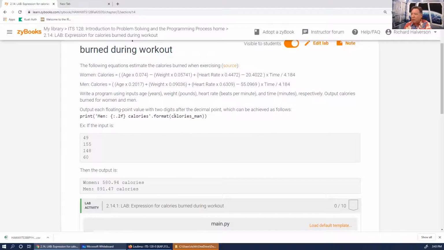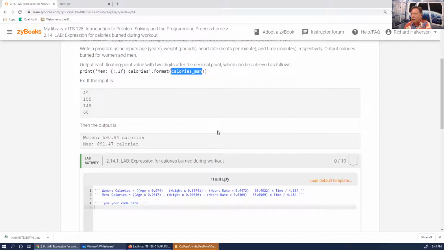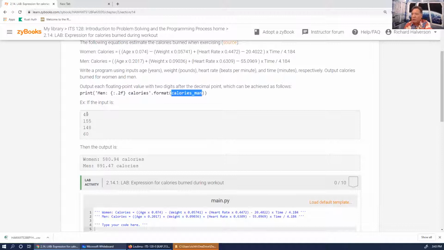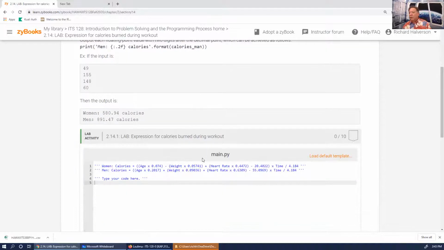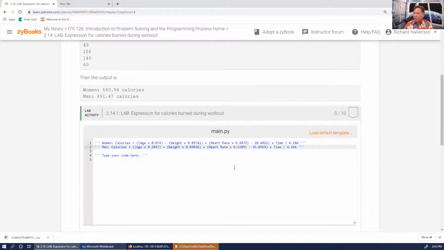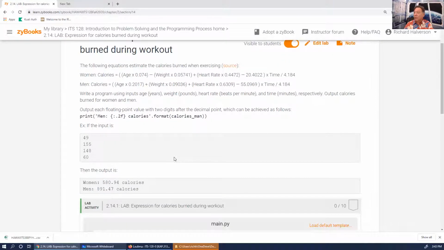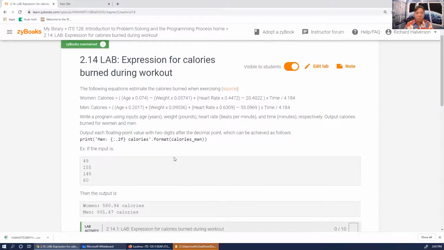So first you want to compute the one for women, and you want to compute the one for men. So in other words, if you input something like this, it's going to display something like this. And so the trick, of course, is to take this formula and convert it into something that the computer can understand.